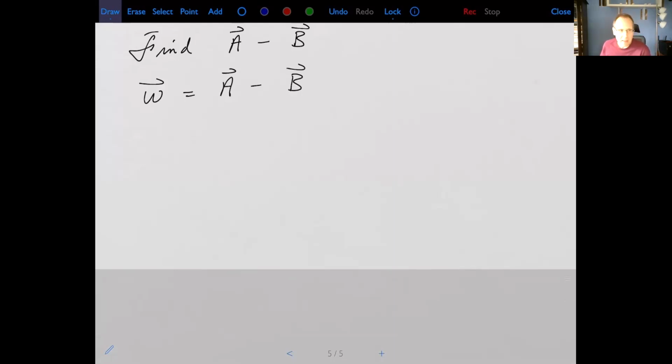Well, it's just like subtracting numbers. You can think of subtraction as adding the opposite. So I could rewrite this as vector A, which stays the same, and since we already know how to add vectors, I want to add the opposite, which is negative B. So vector A minus vector B is the same as vector A plus negative vector B.